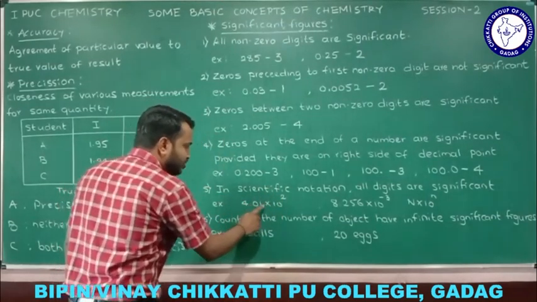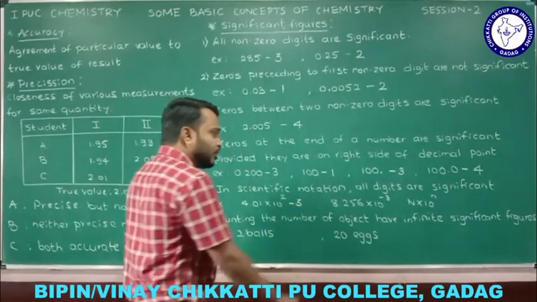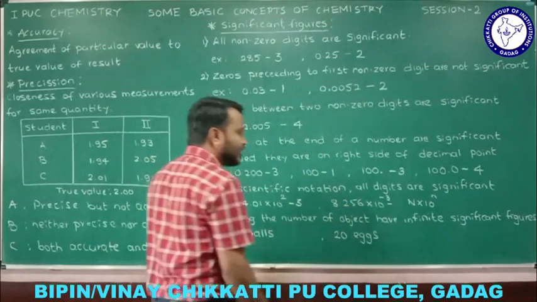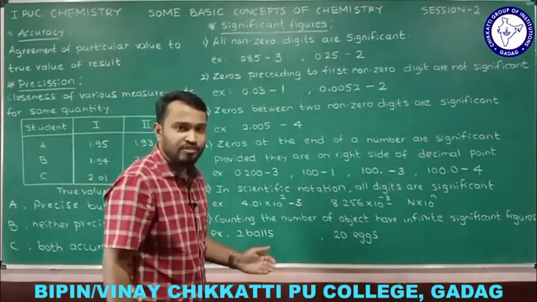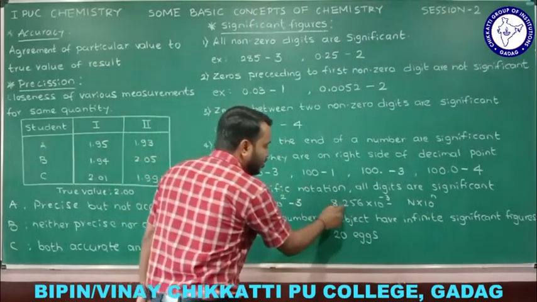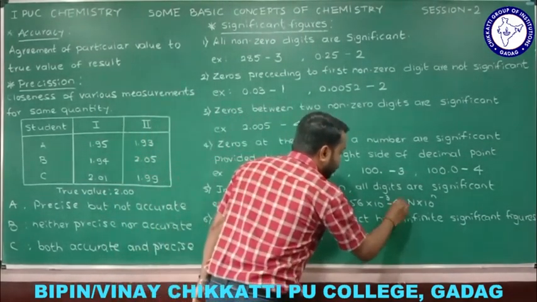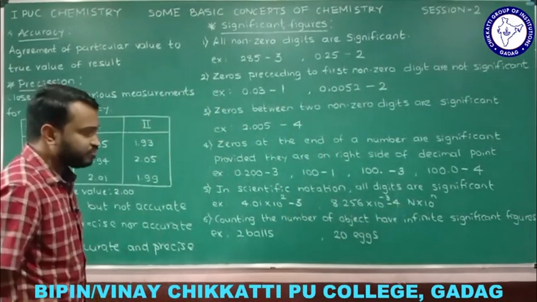So 1, 2, 3, therefore the number of significant figures is 3. Now you come to this example, 8.256 into 10 raised to minus 3, that is in scientific notation. All digits are significant: 1, 2, 3, 4. So the significant figures are 4.